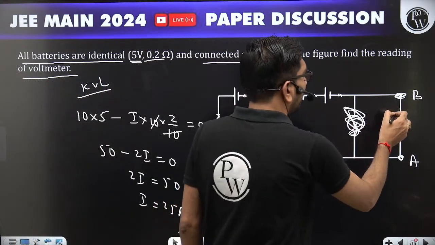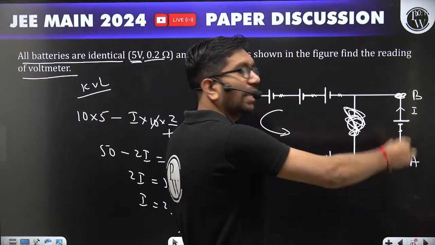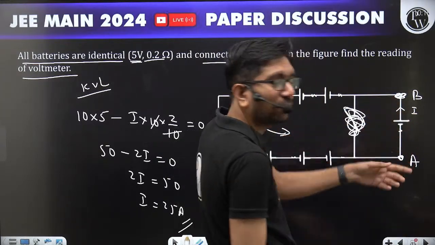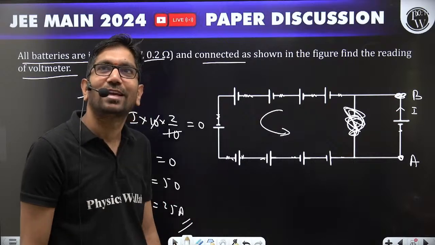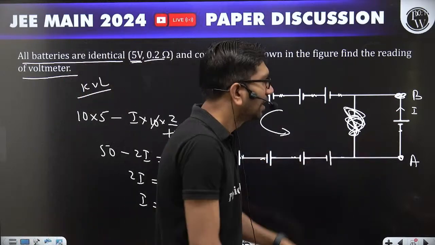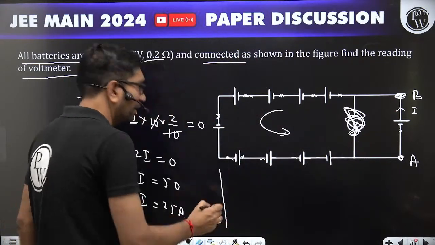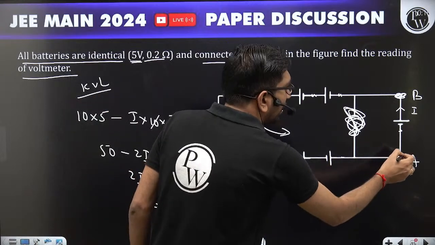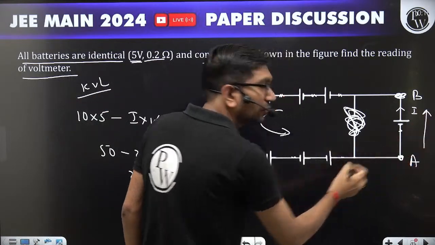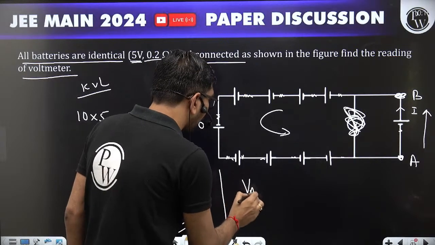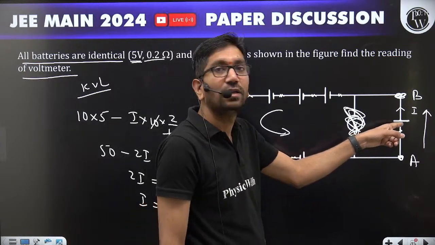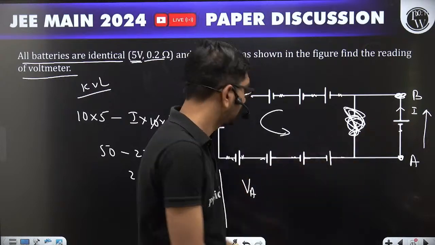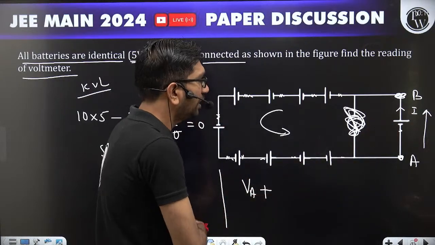The current is flowing like this. Now we can calculate the potential difference between these two. Observe carefully, beta. I'm starting with VA, moving in this direction. We reach the negative terminal, then plus, the voltage is 5.